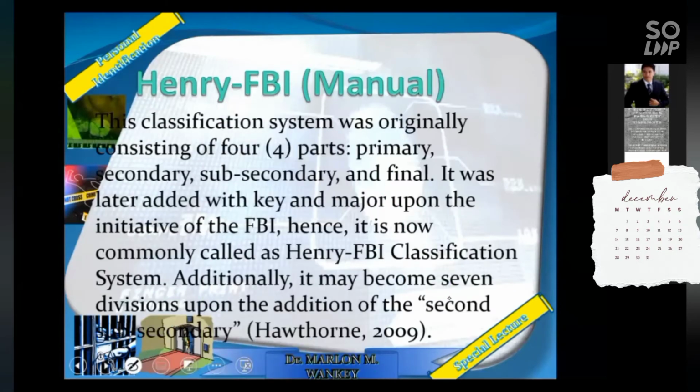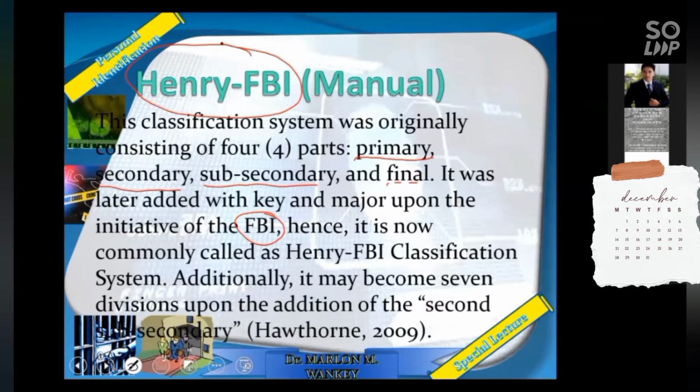So this is what I was telling you a while back. This classification system originally consisted of 4 parts: the primary, secondary, sub-secondary, and final. It was later added with key and major upon the initiative of the FBI, which is why this classification is termed the Henry FBI classification.